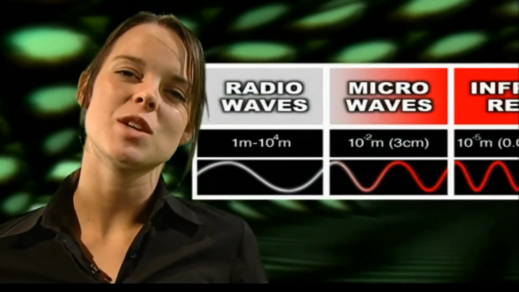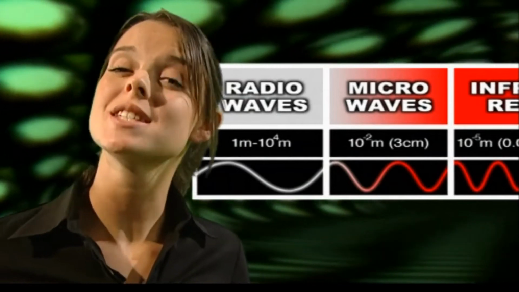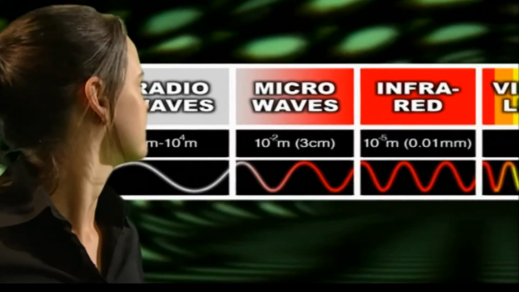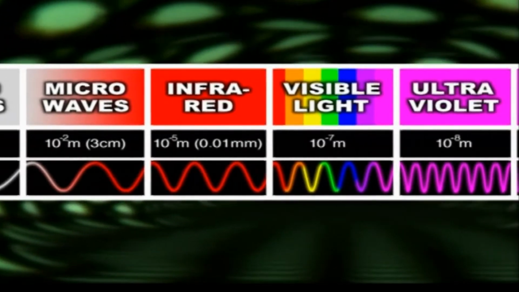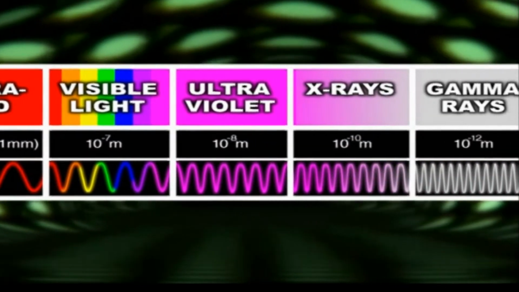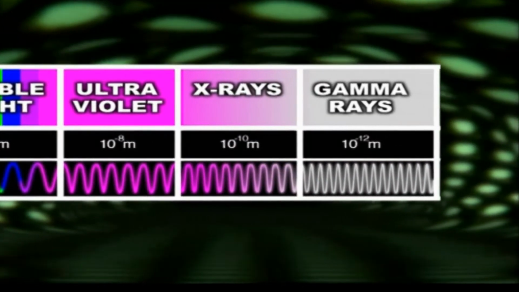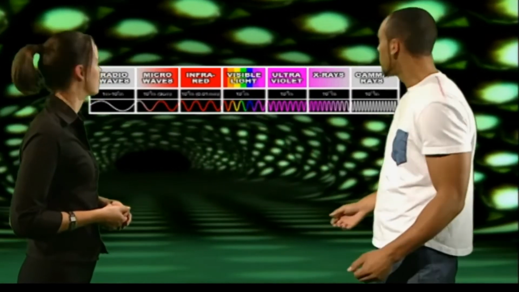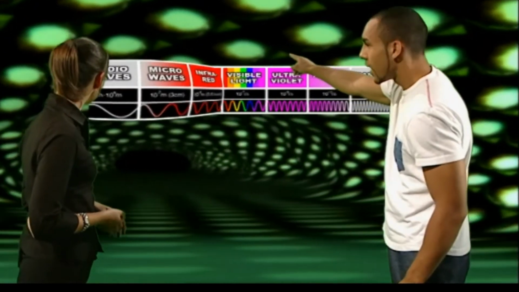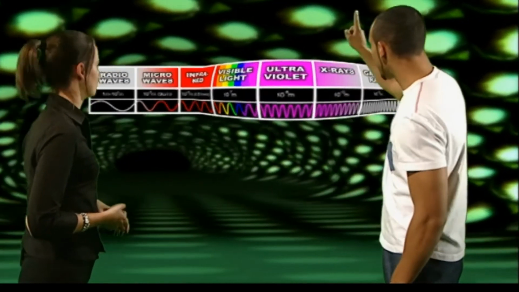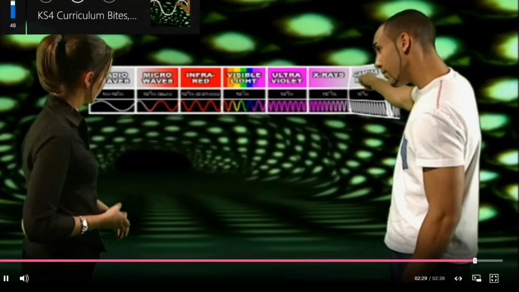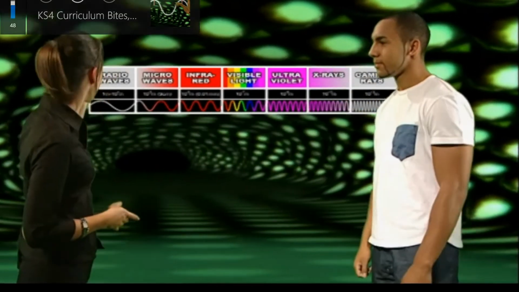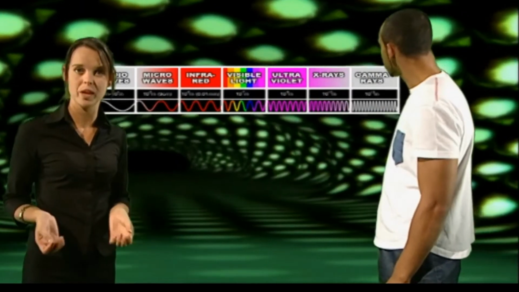Now let's see what the waves look like for each of the 7 types. So if we look at wavelength, radio waves have the longest wavelength and gamma rays have the shortest wavelength? Right. And because the changes in the wavelength are so gradual, this is called the electromagnetic spectrum.